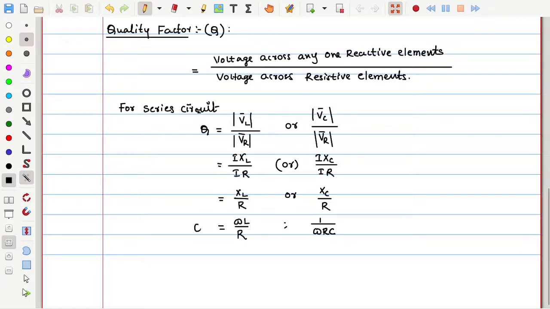In this way the quality factor can be expressed as either omega L by R or 1 by omega RC.